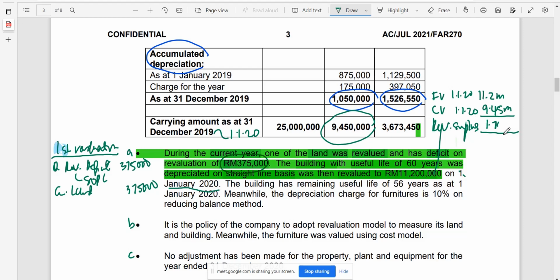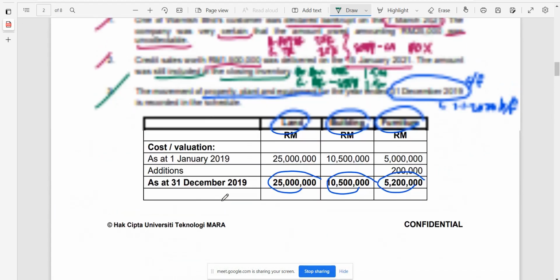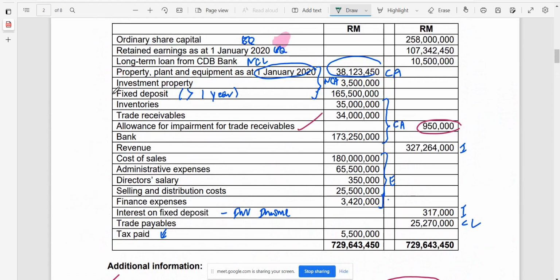So 1.75. This is again the initial or first revaluation. How do I know it was first revaluation? Since in the trial balance, there is no information on revaluation surplus or revaluation reserve balance. You can check and you see that there is none.